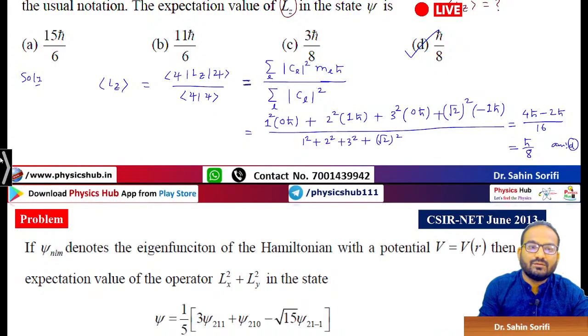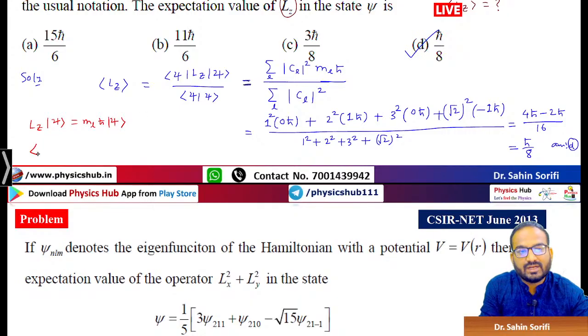And if you are wondering why this expression is coming, it is simple. When you calculate Lz ψ, you get ML ħ ψ, right? Now you have to take bra ψ Lz ψ. It means ML ħ bra ψ ket ψ, the scalar product, that is the coefficient square.